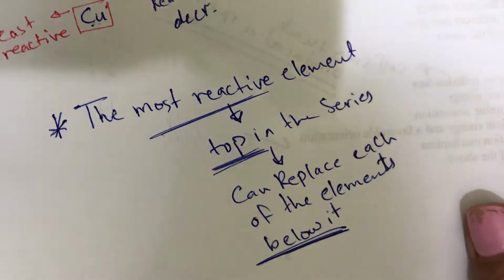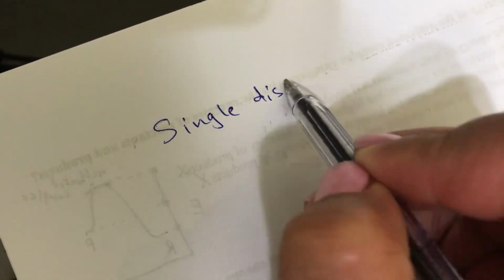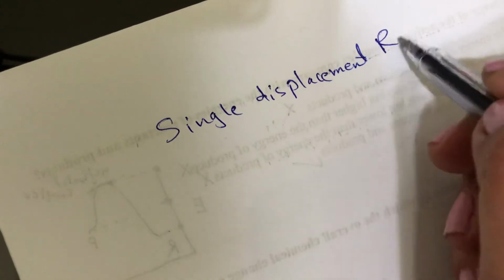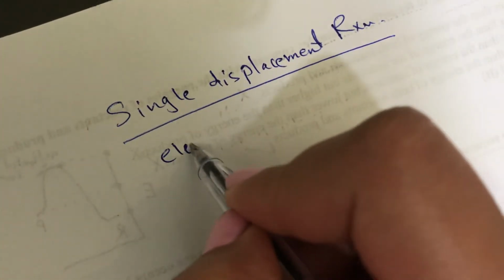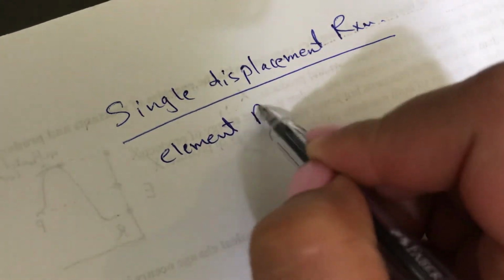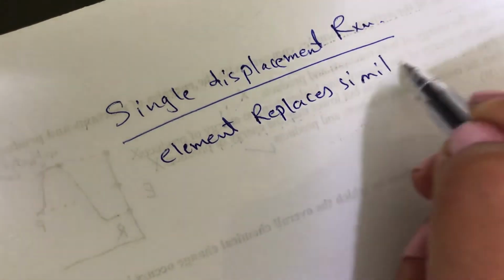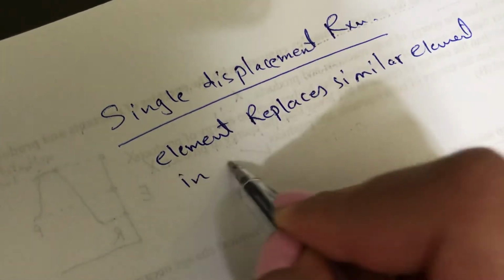So if you remember from a single displacement reaction, the rule is an element replaces a similar element in a compound.